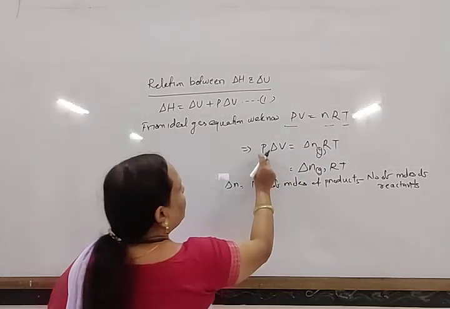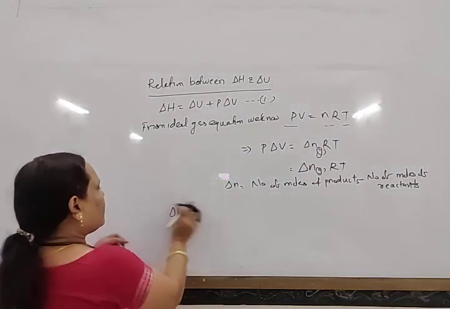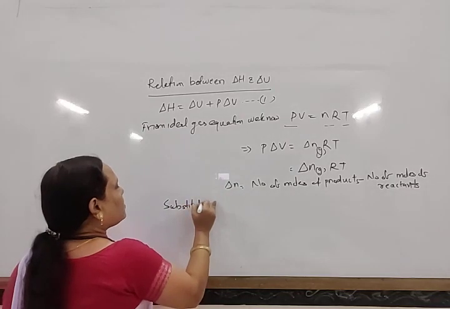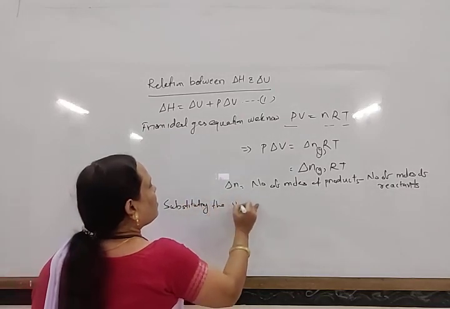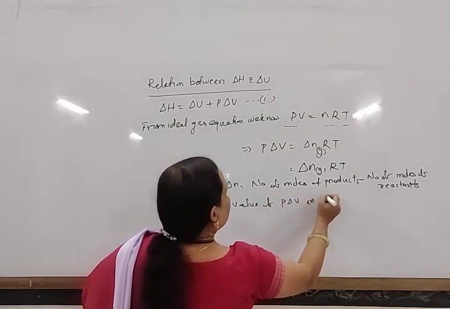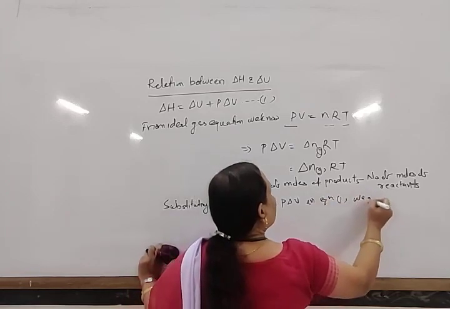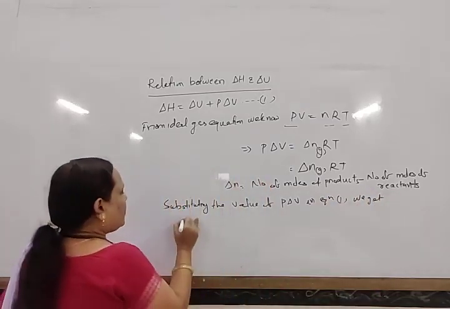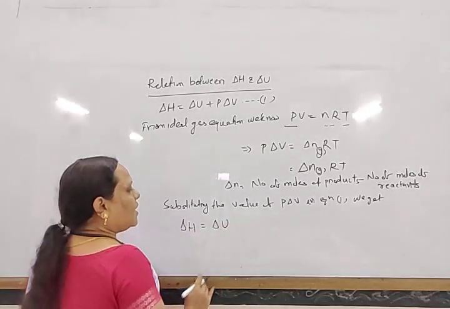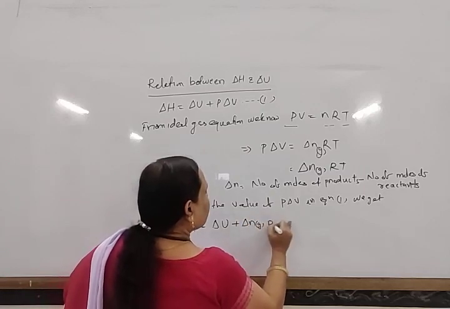Substituting the value of PΔV in equation 1, we get ΔH is equal to ΔU plus Δn_g RT.